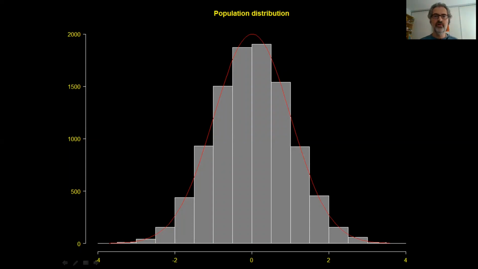We will then draw 10,000 samples of size 100, and then 10,000 random samples of size 1000. For all of the samples of size 10, we will calculate their means and standard deviations and produce the histogram of means and the histogram of standard deviations. And we will do the same for the samples of size 100 and then for the samples of size 1000.